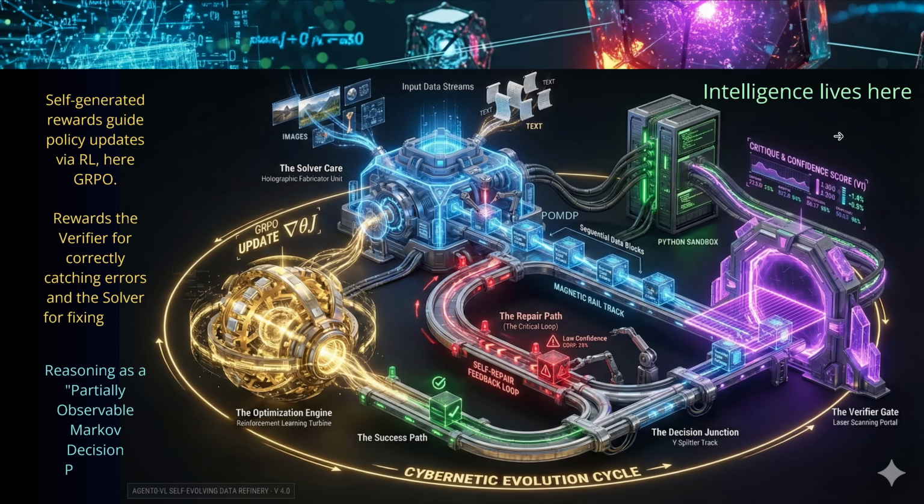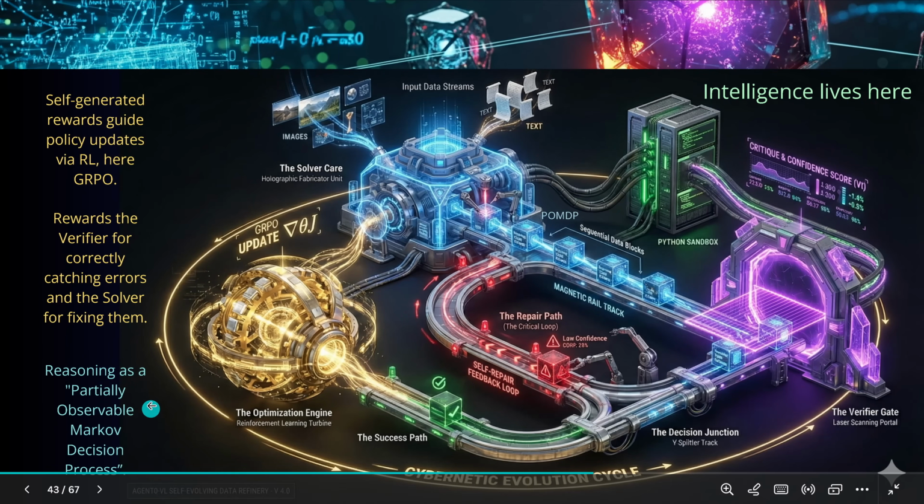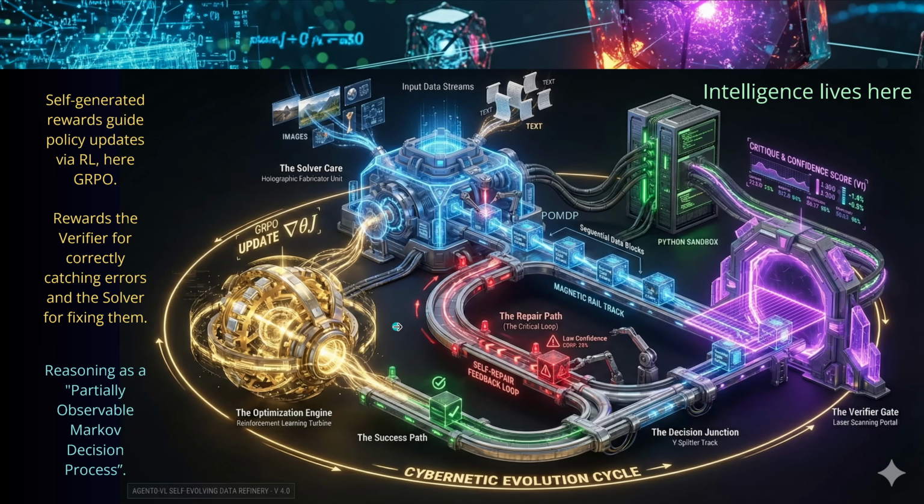And if you want, here is a little bit of additional information. Yeah, as I told you, the reasoning process here is, of course, the classical discrete space. This means reasoning here as a partially observable Markov decision process. So this means this is our classical system. This is just what we know, what we experience every time.